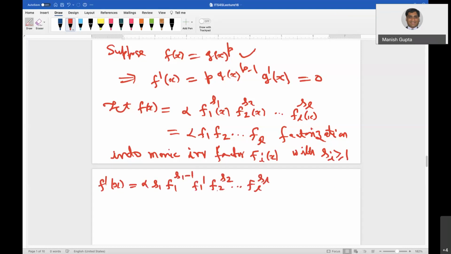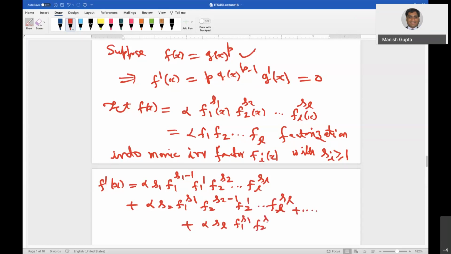That is the derivative of the first term, plus the derivative of the second term, which will be alpha times s2 f1 raised to power s1, f2 raised to power s2 minus 1, f2 prime, fl raised to power sl, right? And so on, plus alpha times sl, the last term, f1 raised to power s1, f2 raised to power s2, fl raised to power sl minus 1, and fl prime, right?